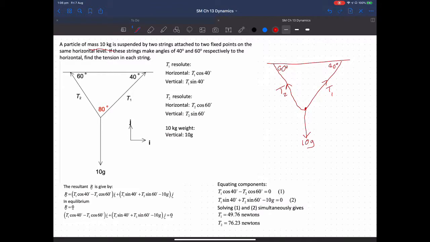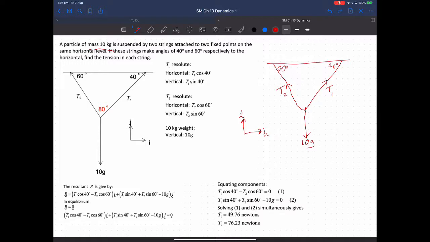Now in this instance, what we have is our unit vectors i and j. i goes horizontally and j goes vertically. What we've drawn so far is a force diagram. Now the weight is certainly on the vertical axis, but our two strings are not.